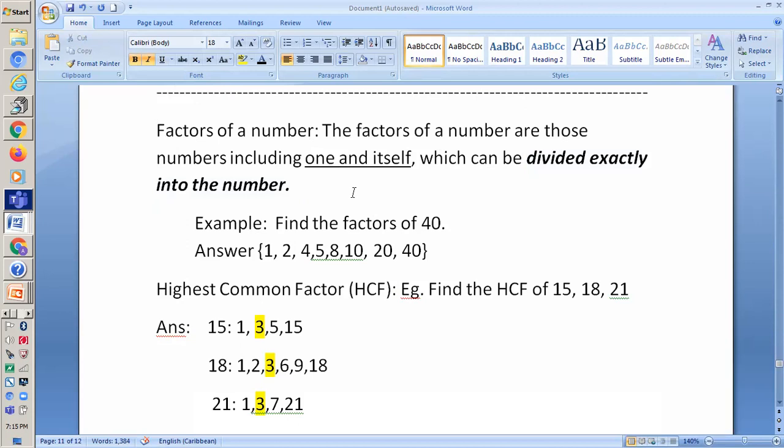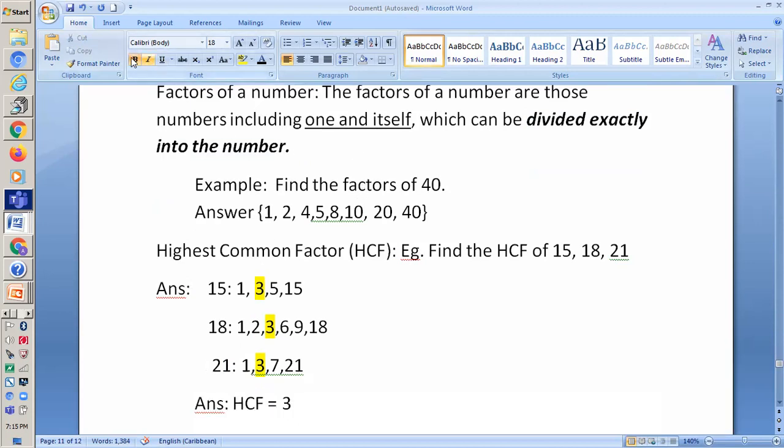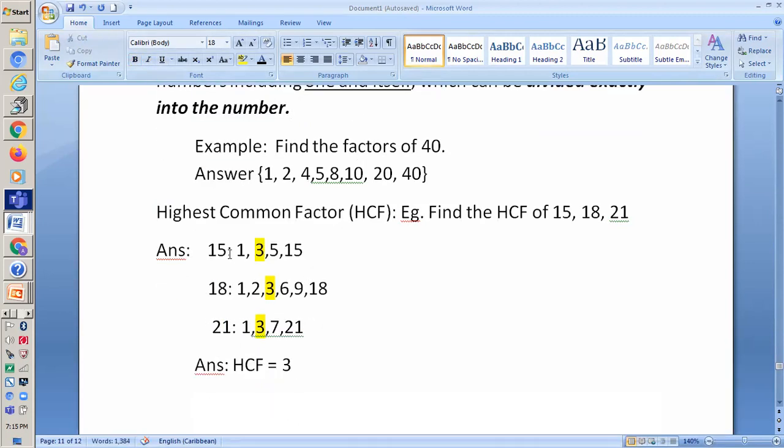All right. So for 15, can 1 go into 15 without leaving a remainder? Yes, sir. Can 15 go into 15 without leaving a remainder? It goes in 1 time, and there's no remainder, right?